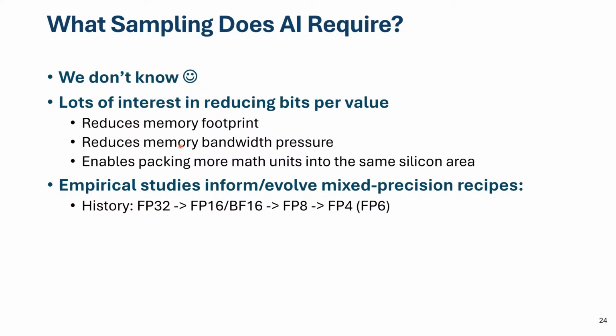FP8 is becoming more and more prominent since hardware has been around for that for a couple of chip generations, and people are beginning to adopt. And there are early ventures into FP4, even for training. I put FP6 in parentheses because it's a halfway point between FP8 and FP4.